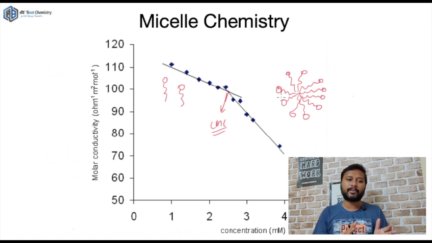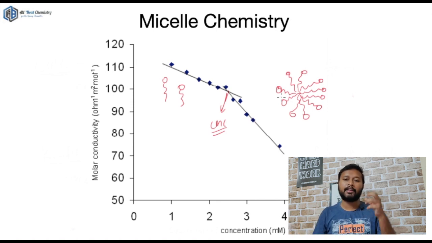In the last graph, what is the difference between both of them? You don't get confused between both of them. The last one was just the conductivity of the solution, so the conductivity will increase, because over there you are just seeing that conduction is increasing because you are increasing the concentration of the impurity, or the free ions, in that. So when you are increasing the concentration, conductivity will increase.